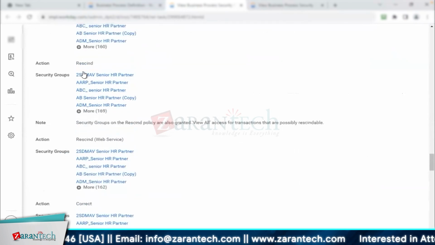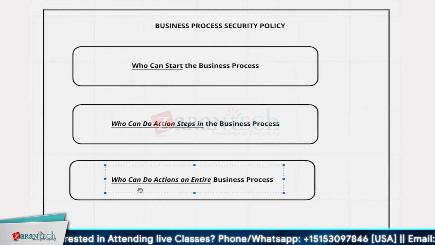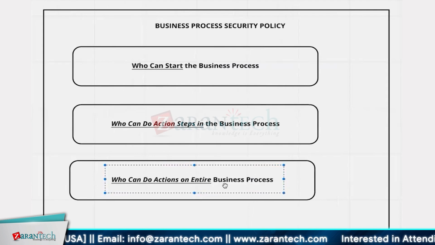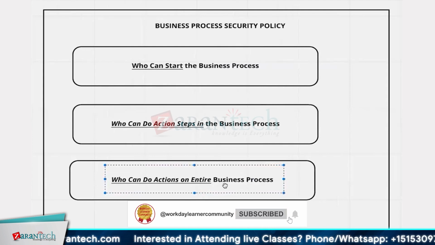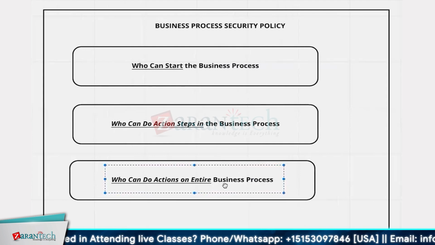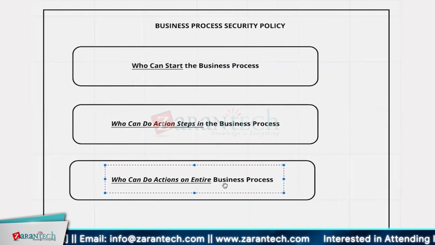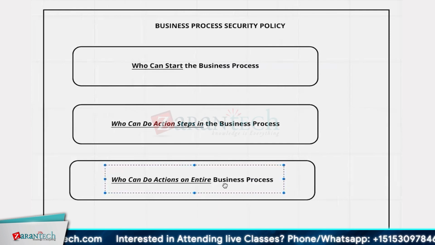There you go. Rescind. Okay, so every business process, when we talk about this category, who can do actions on the entire business process, you have these: correct, cancel, and rescind. Now let's talk about cancel and rescind first. You have a new hire in the company, or let's say you initiated a change of location for someone, basically a transfer, and that process has not yet completed.